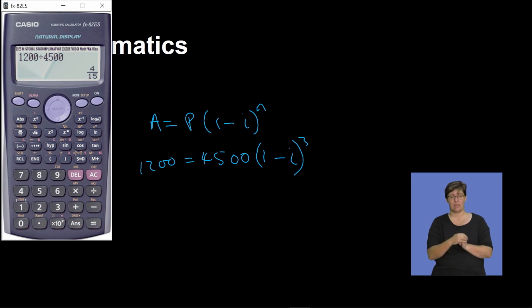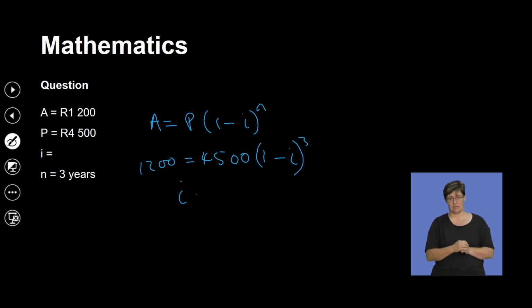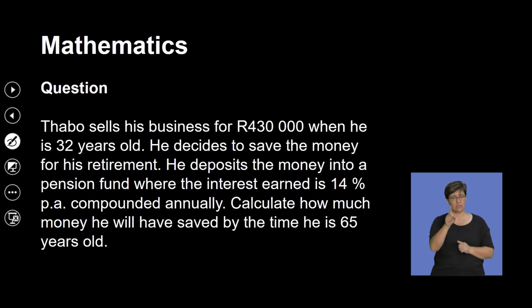I will need to take the cube root of this, so I had made that mistake there. Please pay attention to those things. And then I would need to say 1 minus my answer, and that will give me that. You multiply this by 100, it means that's 19.77%.